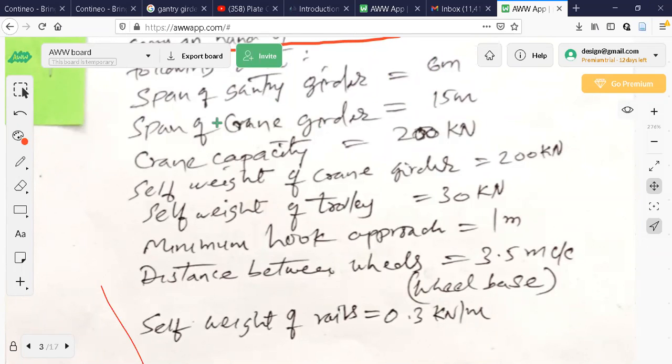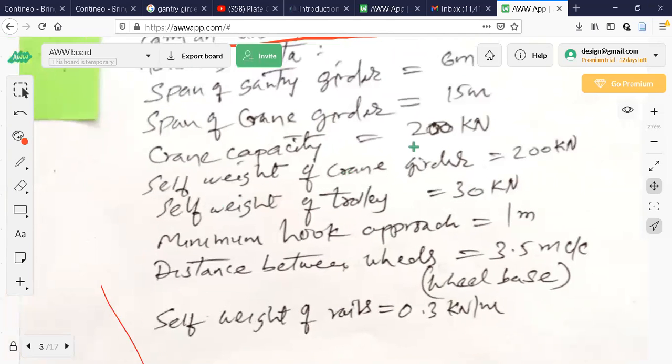Whereas the weight can move in x direction up to 10 to 12 meters, not 15 meters. I cannot say entire 15 meters. I'll tell you why. So if the span of crane girder is 15 meter, it means I can move the box in x direction up to 13 meters. Okay, let us say 3 meters or 2 meters less than that. Why it is, I'll tell you.